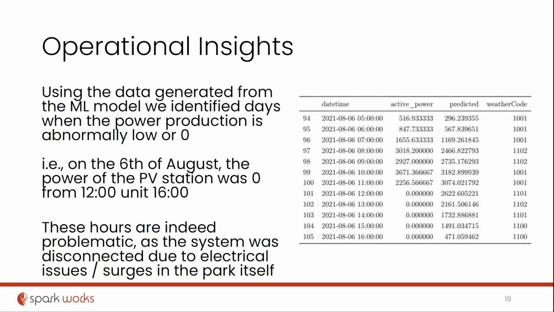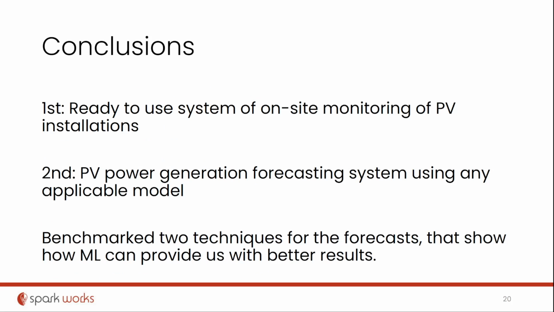So we can see that using our model we could identify this problem without prior knowledge of it, and probably, in a real world scenario, notify the administrator of the park in order to intervene and prevent any damage to the hardware installed in the area.